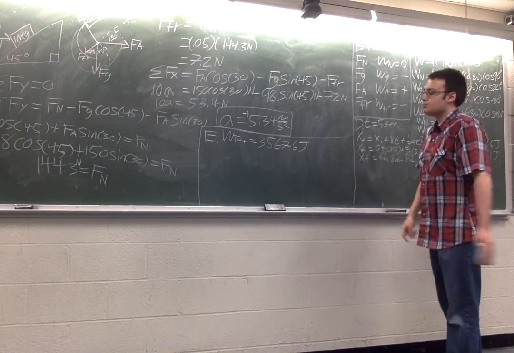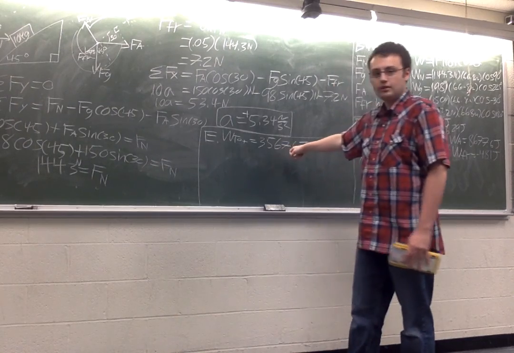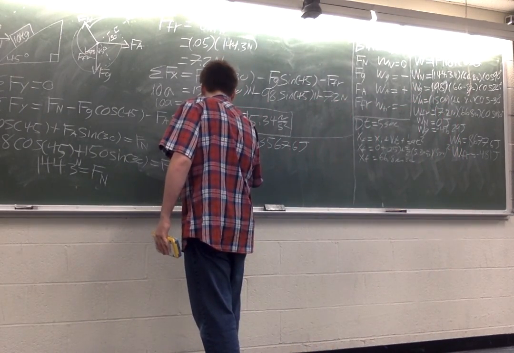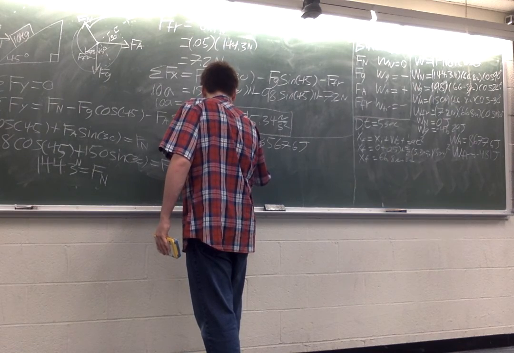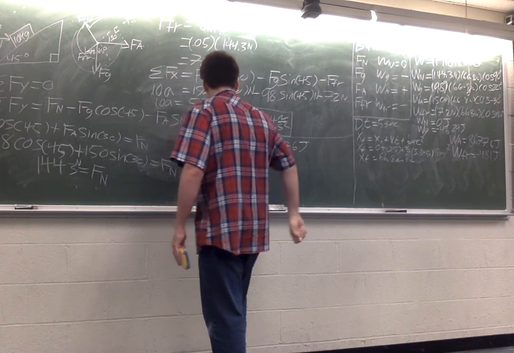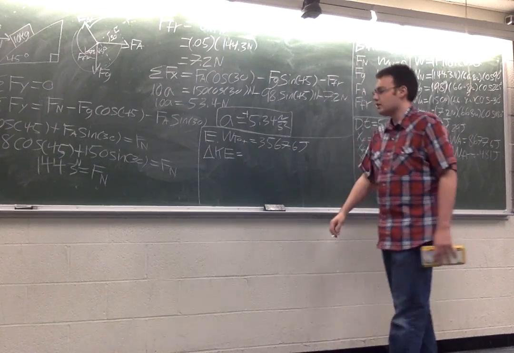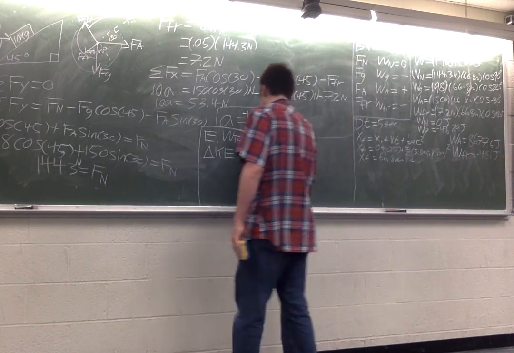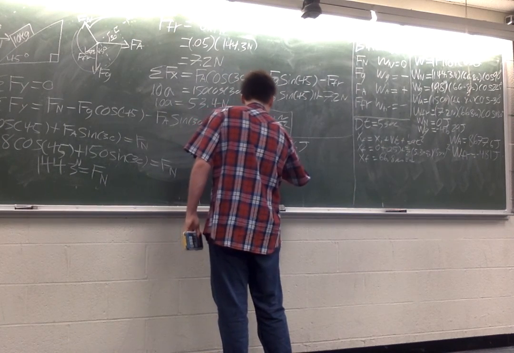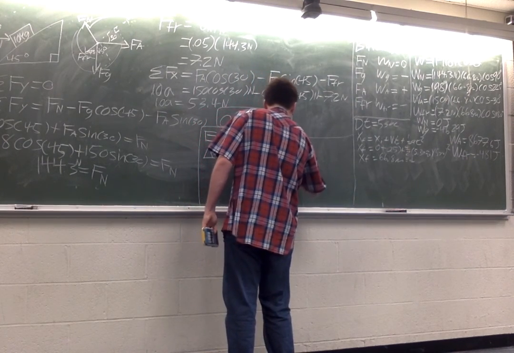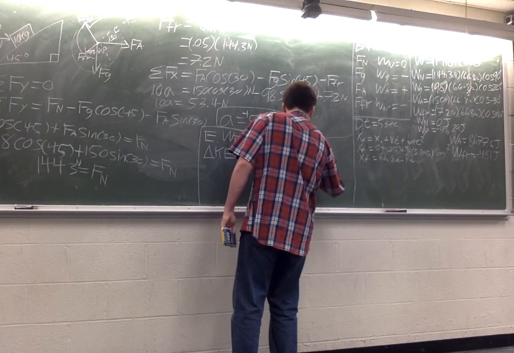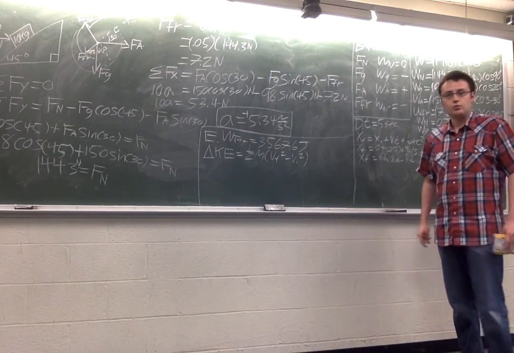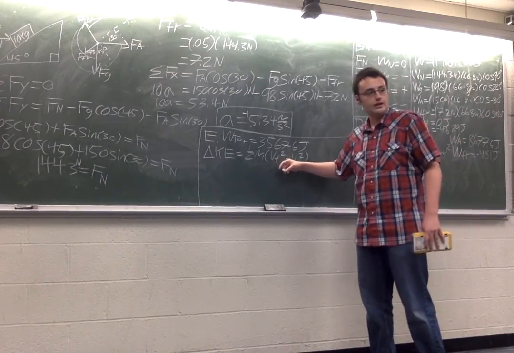So now we need to prove that this is also the change of kinetic energy of the system. The change of kinetic energy of the system is going to be 1/2 mass times velocity final squared minus velocity initial squared. Well, I need to get the final velocity. We need this to calculate the change of kinetic energy.